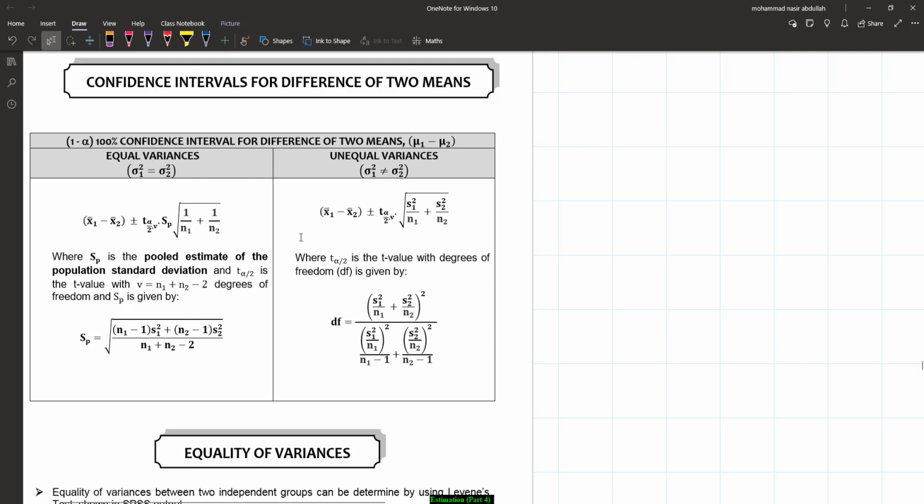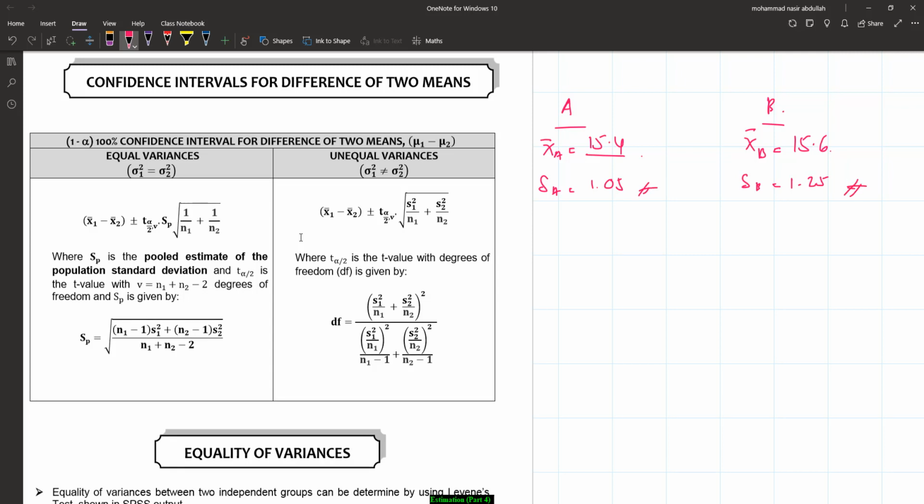Let's say you have population A, sample A and sample B. The mean for A is, let's say, 15.4, XB equal to 15.6, and SA is 1.05, SB equal to 1.25, for example.